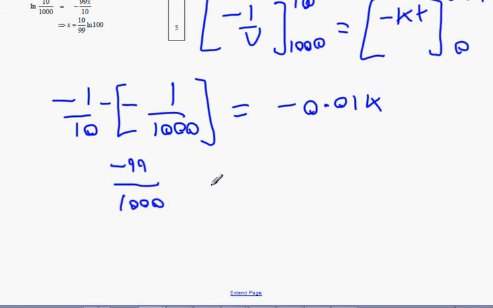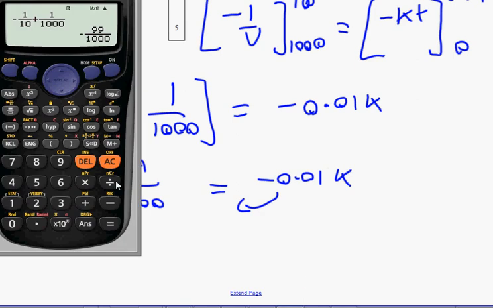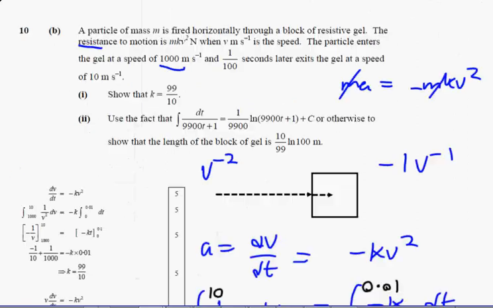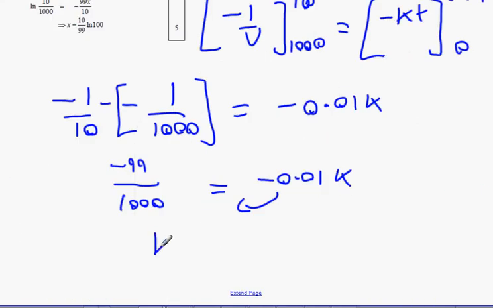Minus 99 over 1000 equals minus 0.01 k. Divide by minus 0.01. 99 over 10. Is that where we're at? k equals 99 over 10. Perfect.